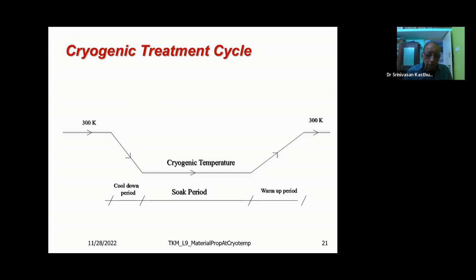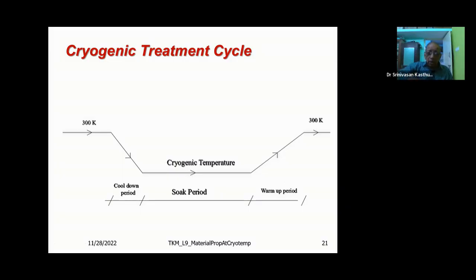You have a material at room temperature, then you put it in a chamber and start cooling down, and the material gradually decreases in temperature. Then this is the cryogenic temperature. It can be liquid nitrogen temperature or it need not be. It can also be at a higher temperature. So it is possible to have a cryogenic temperature.